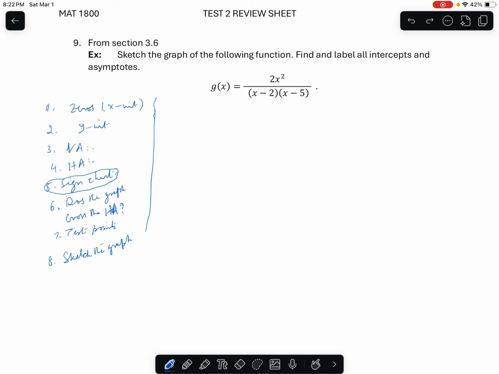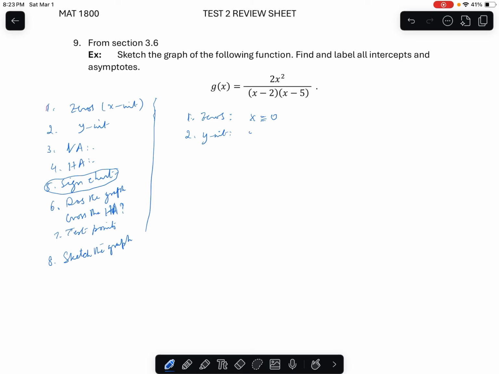Okay, so I start with zeros. So what will be the zeros? Remember, the zeros are the x values that make the numerator 0. So you can see there is only one zero, which is x is equal to 0. This will be the x-intercept as well. So the origin is the intercept. In the same way, the y-intercept you get by setting x equal to 0.